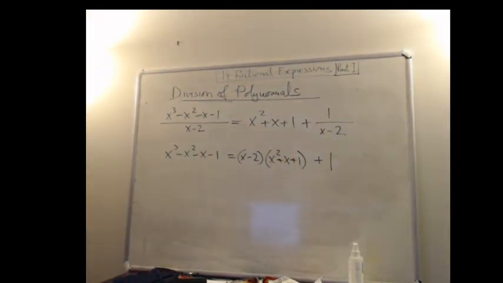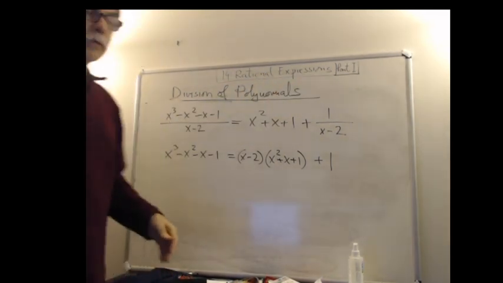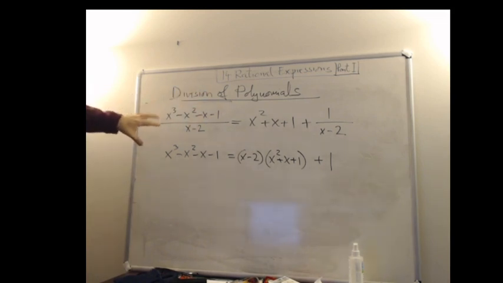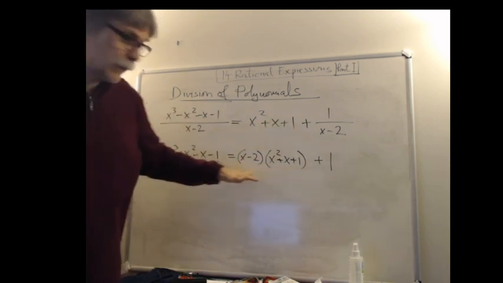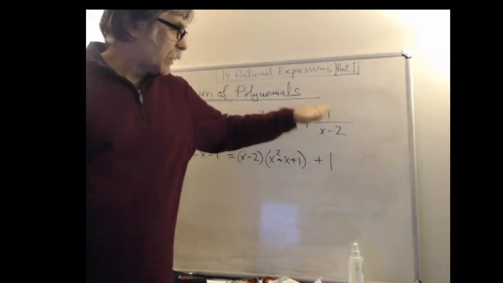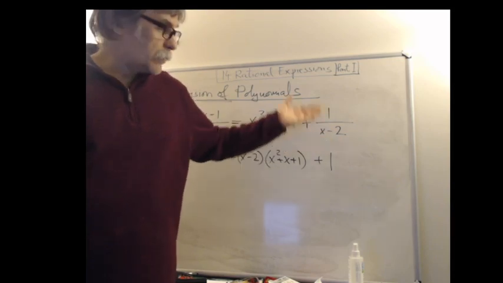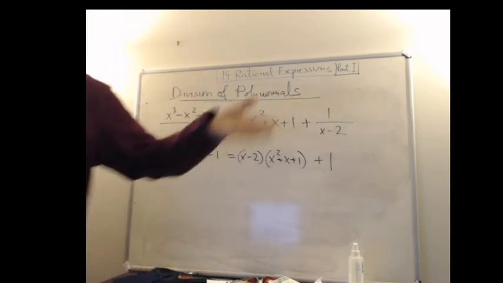Now you say, well, I understand that with 7 and 2, but how do you get that? Well, just multiply both sides by x minus 2. If you multiply this by x minus 2, the x minus 2 gets cancelled, so this is equal to this. If you multiply this by x minus 2, you get exactly this. If you multiply this by x minus 2 and x minus 2 gets cancelled, you get 1. This is the same thing.